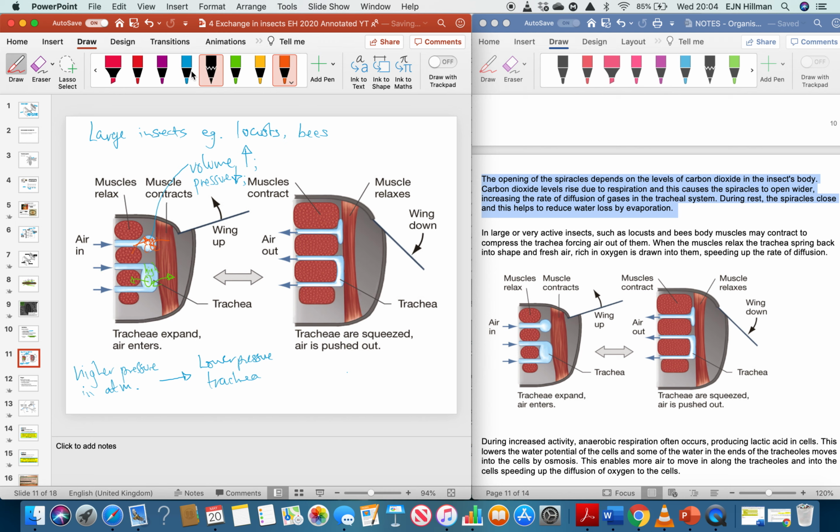Okay, so we say then that ventilation, and this is true of all animals that have a ventilation system, maintains the concentration gradient for the exchange of oxygen or carbon dioxide.